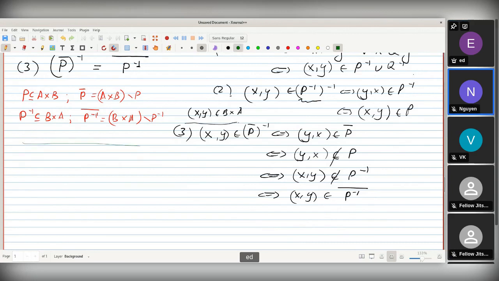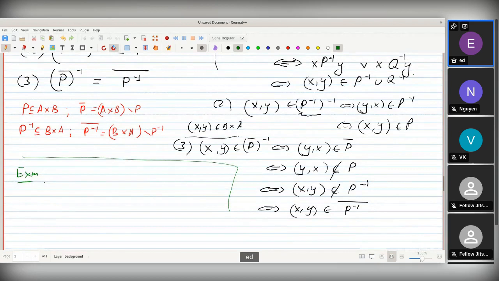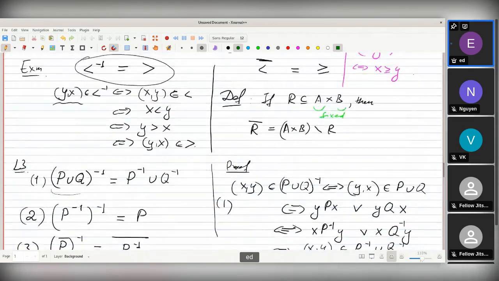Yes. As an example, we can compare two binary relations on naturals. Let us take the complement of less than and then convert it. What should it be? What is the complement of less than?